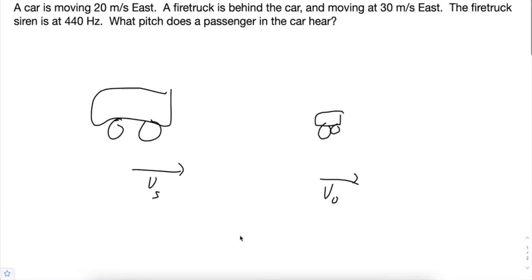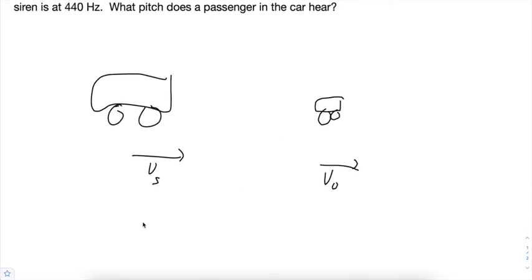Okay, so remember our formula that we're going to use is our new frequency is the old frequency. So maybe we'll call this F0 and F1, times V plus or minus VO for observer, V minus or plus VS for source.